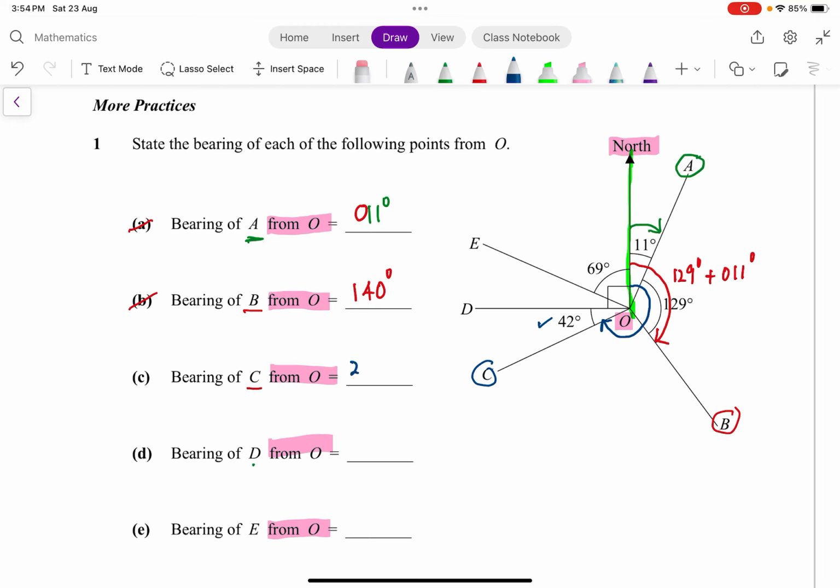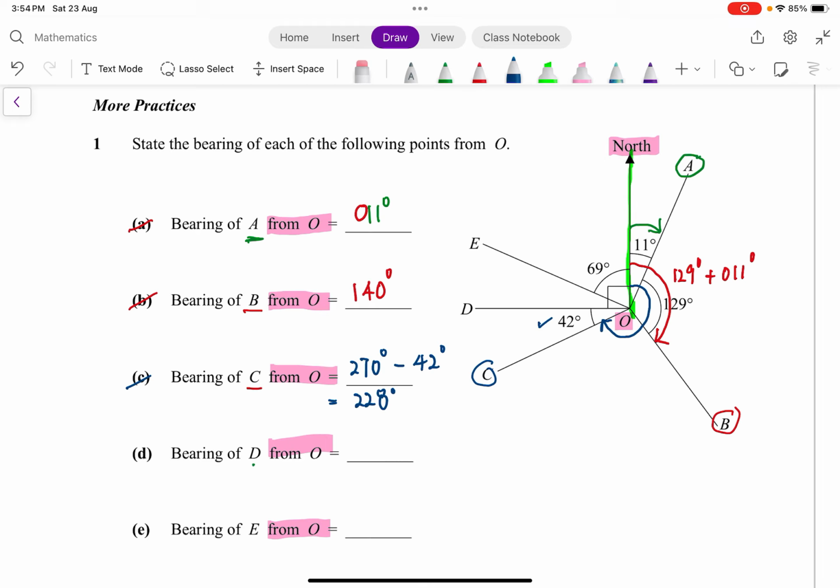So therefore, bearing of C from O is simply just 270 minus of 42. So this will give us 228 degrees. So part C again is done.